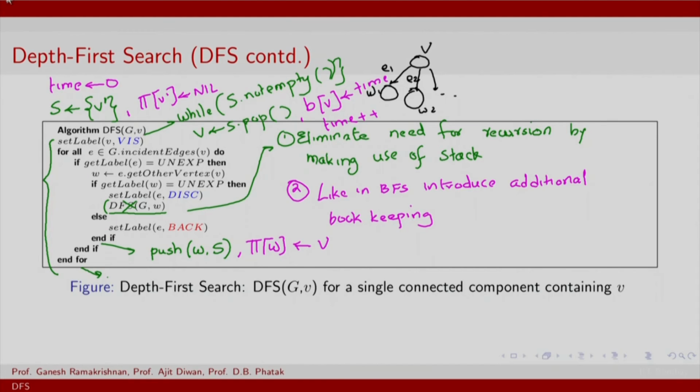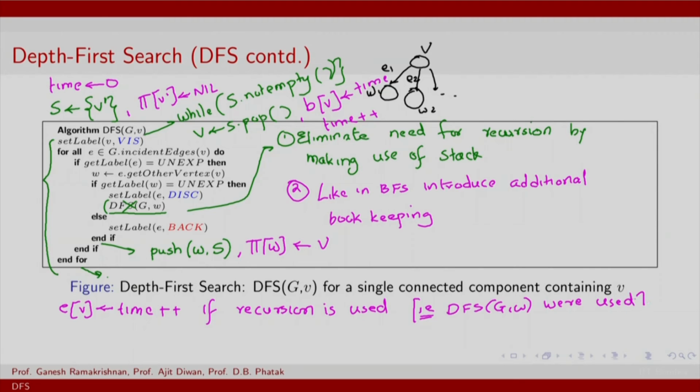So what I am going to do is state the following: E of V is time plus plus if recursion is used, and what this means is that the call DFS GW were used instead of the stack.